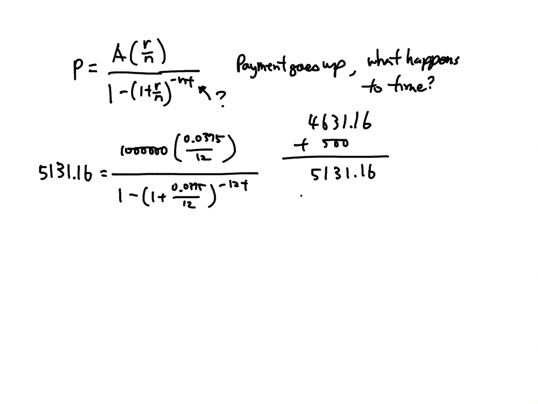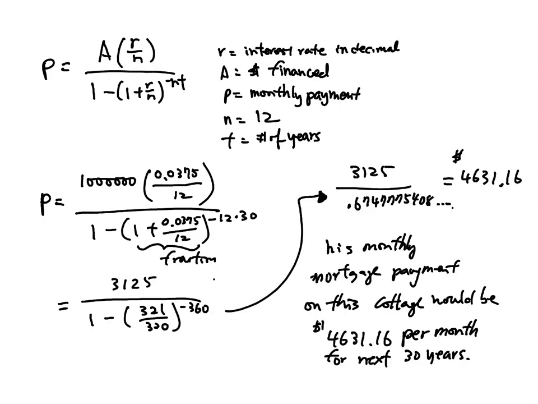So we plan on plugging all the numbers in, and from here we can actually borrow a lot of the result from the previous question. Notice, in the previous question, what we had was 3125 on top.